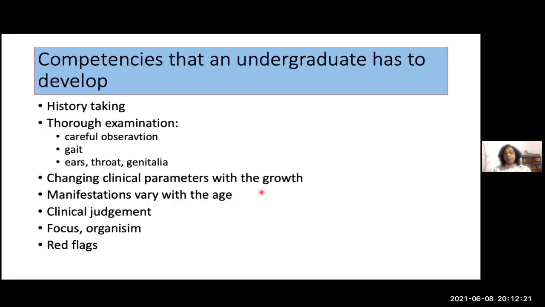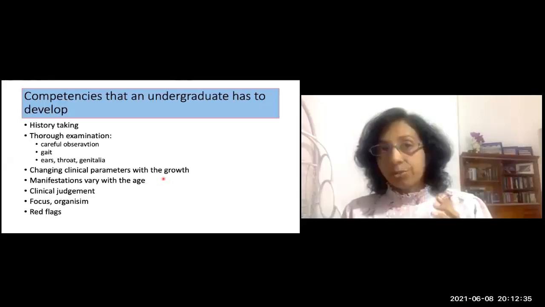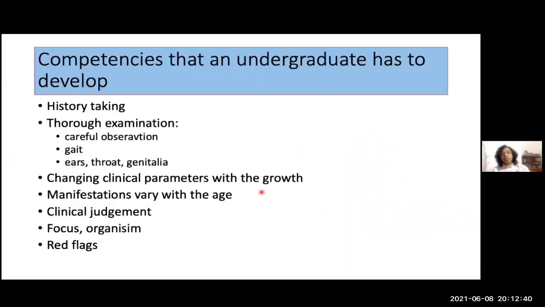So you need to master all these to arrive at a good clinical judgment, and also to identify what the focus of infection is, and also to guess the organism, because the organisms also have a predilection to various ages, like you see respiratory syncytial virus or rotaviral infections in infancy, whereas you don't see them in older children. Whereas mycoplasma infection, EBV infection, you see in slightly older children rather than in infancy.